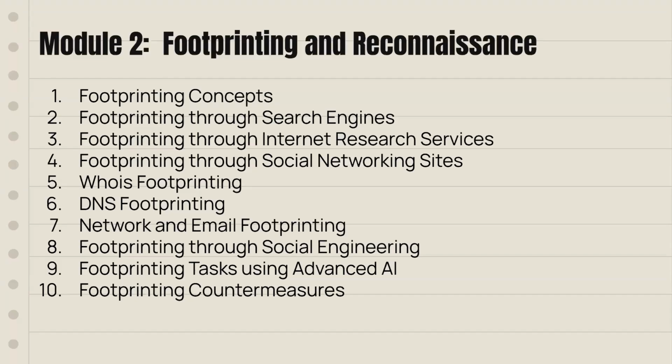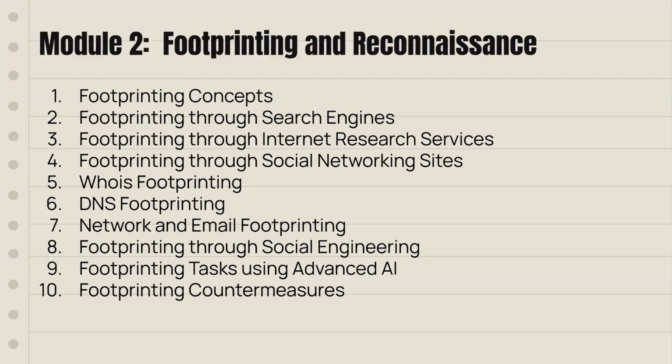So here we have module 2. We are going through it again because of the user request. Think of it as a kill chain that we are currently following. The first step of that kill chain is to identify or gather more and more information about the target that we are going to breach.